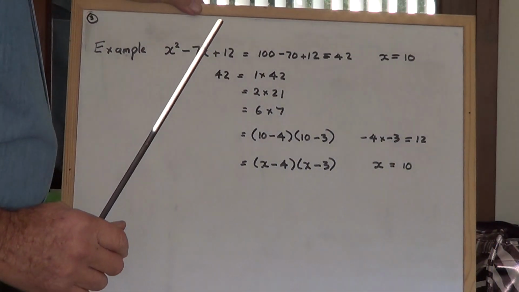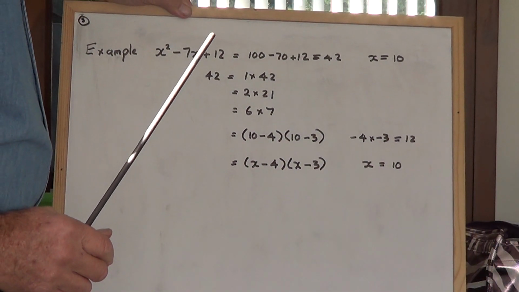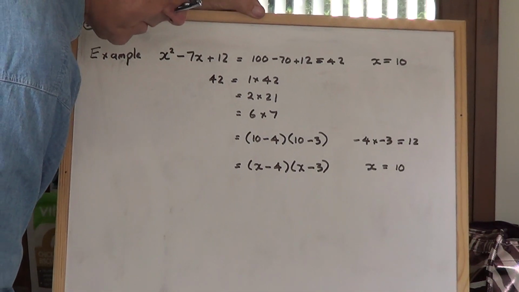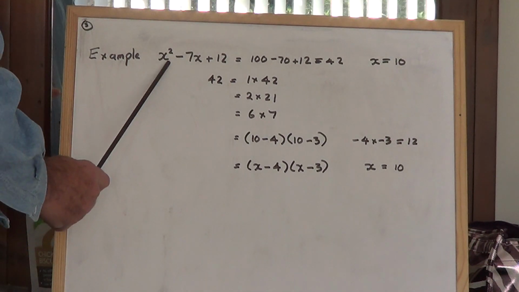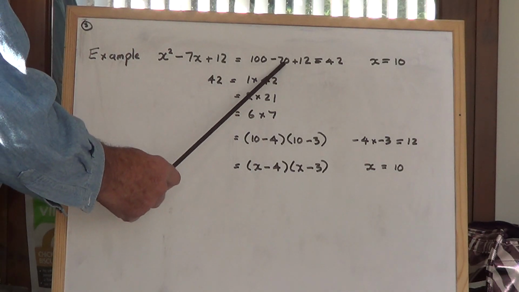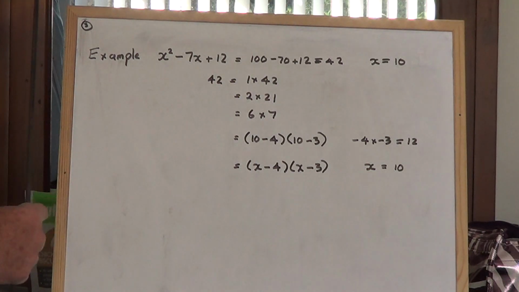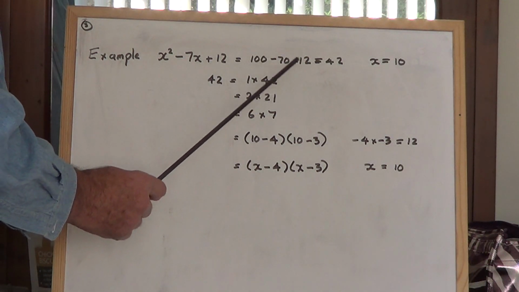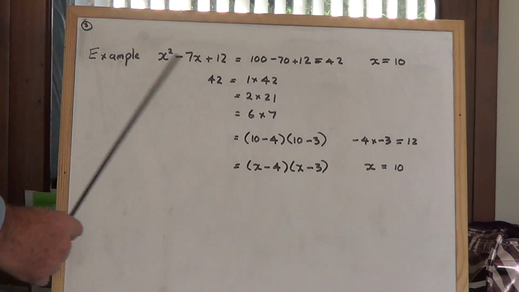Put that away and we'll get the next one. Alright, we'll just line it up. Okay, the example is x squared minus 7x plus 12. That's 100 minus 70 plus 12, which will give us 42. 42 is 1 times 42, 2 times 21, and 6 times 7.